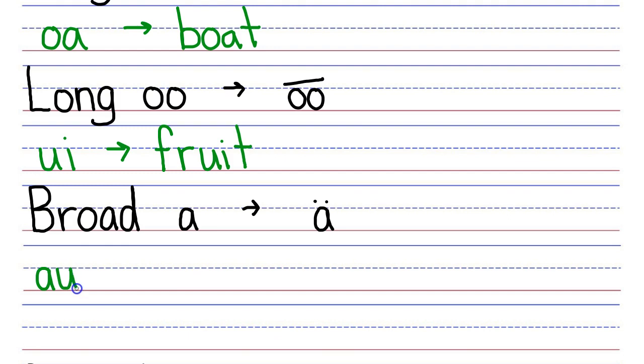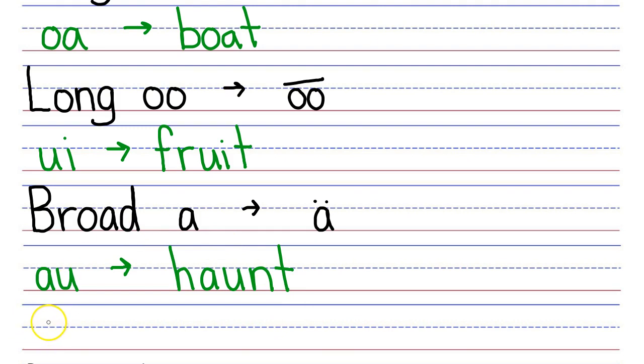This is 2-letter broad A that may not be used at the end of English words because English words don't end in U. One word with the AU phonogram in it would be haunt. H says H, AU says ah, N says N, and T says T.